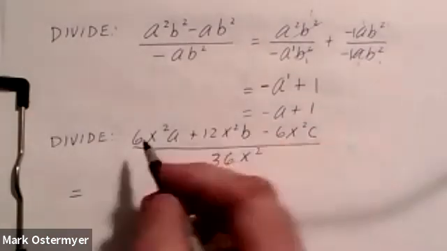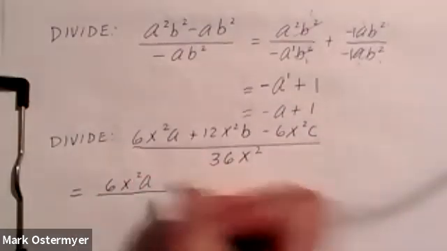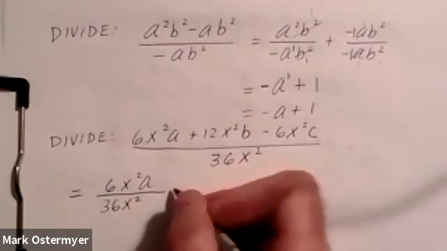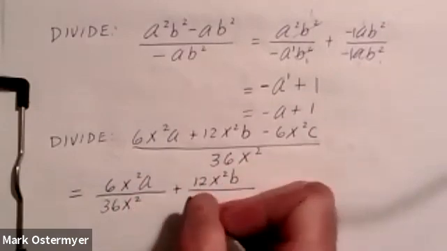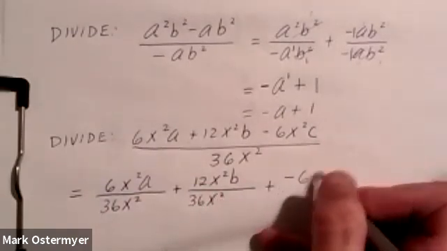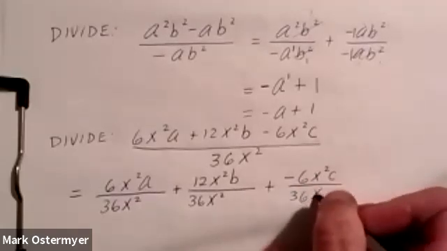To do this, we're going to place each term of our polynomial over the monomial. So I'll place this over 36x squared, plus place the 12x squared b over the 36x squared, plus place the negative 6x squared c over the 36x squared.